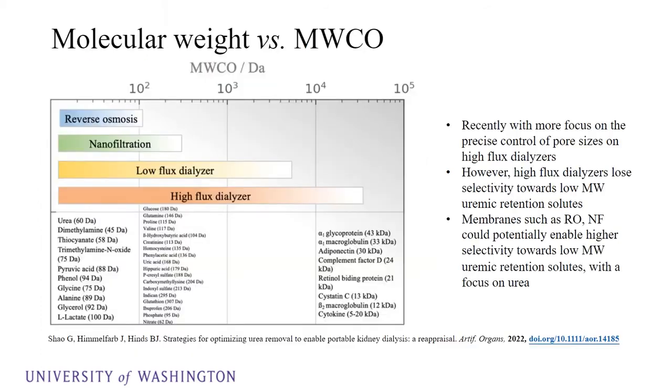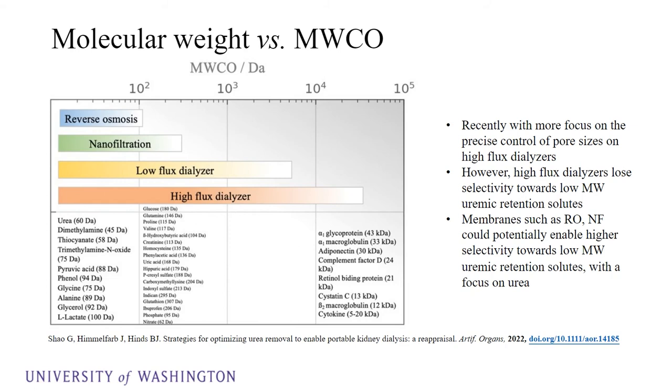We put the molecular weight of all the retention solutes in the context of molecular weight cutoff of different membranes. We get this figure. Nowadays, most people are interested in high flux dialysis, and people are trying to get precise control of the pore size so that the removal of the large molecules will be easier.